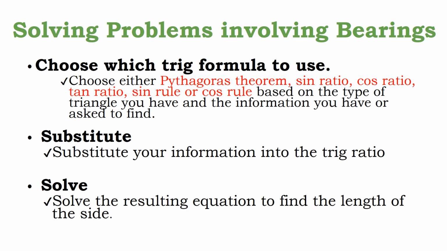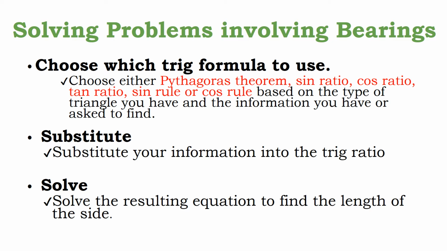So we must choose either Pythagoras' theorem if we have a right triangle, the sine ratio, cosine ratio, or tan ratio if we are working with a right triangle, or the sine rule or the cosine rule if we're working with non-right angle triangles.